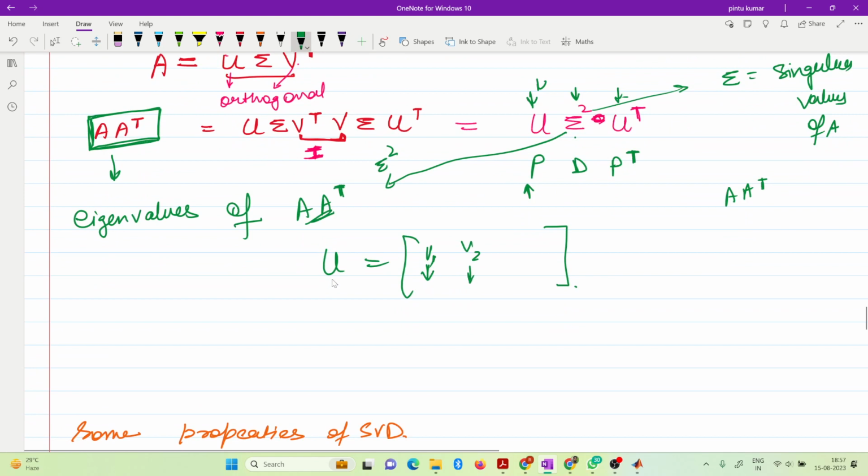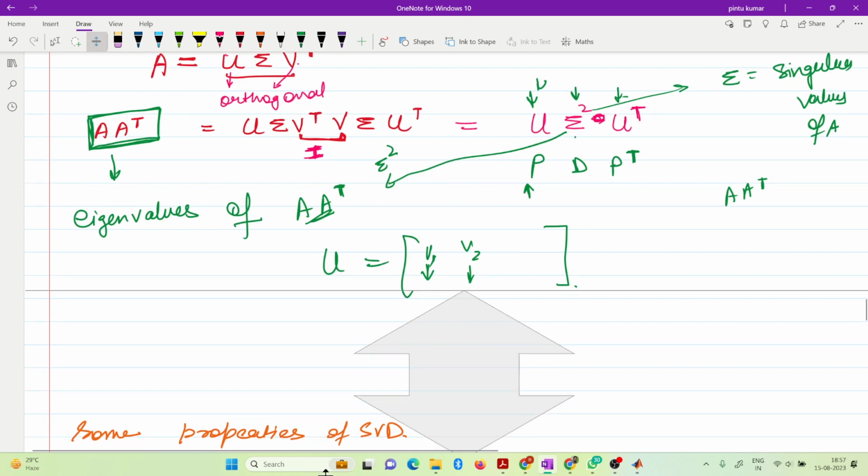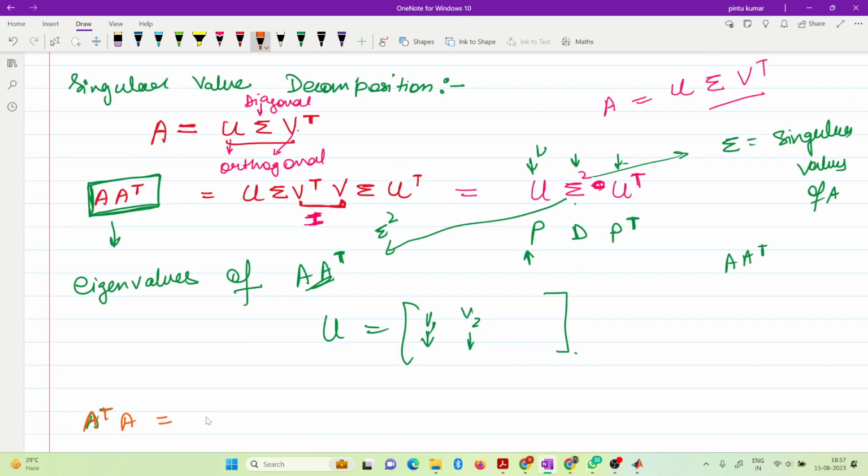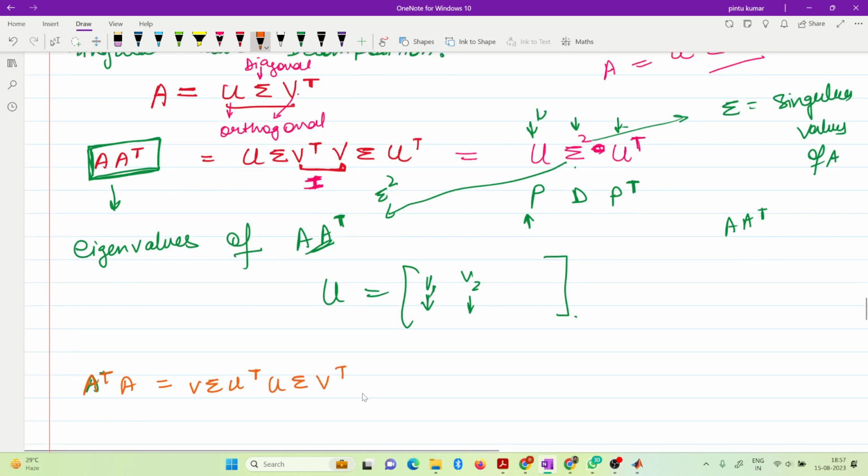Now similarly, let me use A transpose A. What is it? My A is U sigma V transpose. A transpose is V sigma U transpose, times U sigma V transpose.